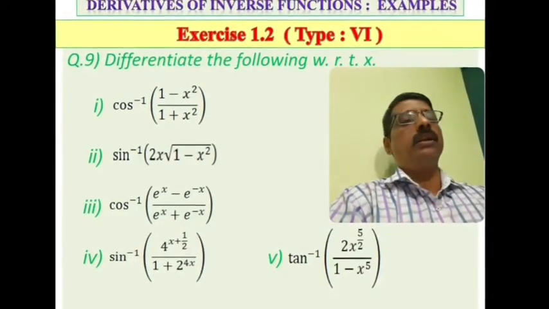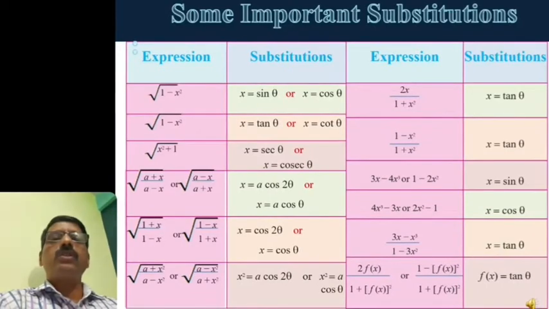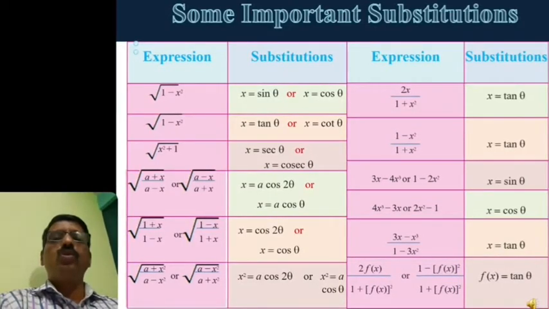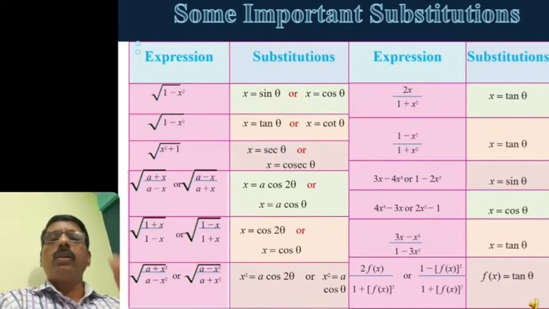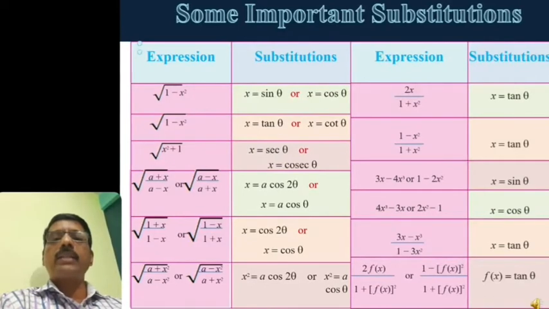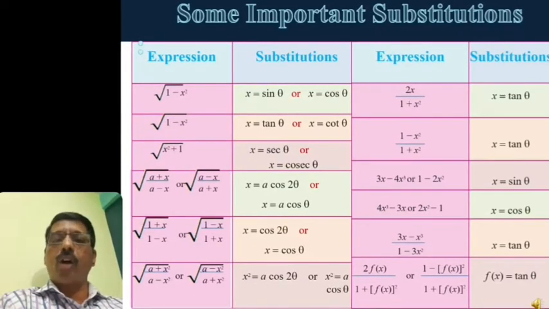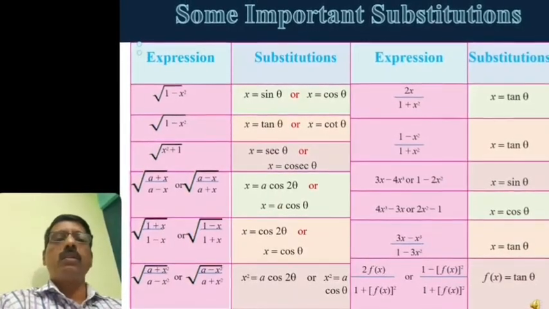Then we can get the derivative of the given function. These are the important substitutions to be used to convert the given inverse trigonometric function, having f of x, into a trigonometric function, and then we get the derivative of the inverse function.